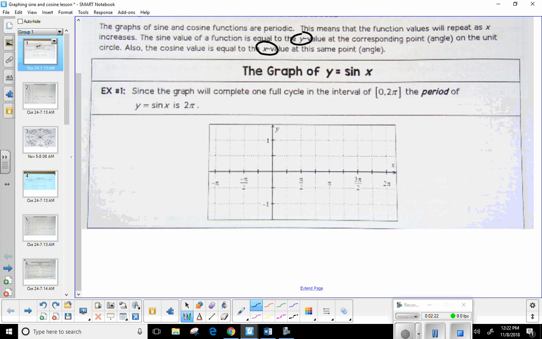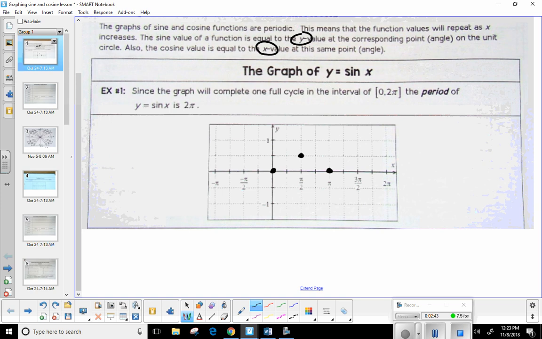So sine always starts with a 0. Then we go in equal distances. In fact, every pi over 2 units, we're going to have a new value. So at pi over 2, we're going to have a maximum. So we start with a 0, we have a maximum, and then we have a 0 again.